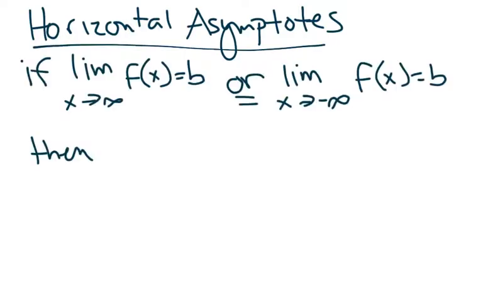So here it is, a definition of horizontal asymptotes related to limits. If you take the limit as x approaches infinity of f of x and it equals b, some constant, 5, 6, 100, or the limit as x approaches negative infinity is that same value, then y equals b is a horizontal asymptote.